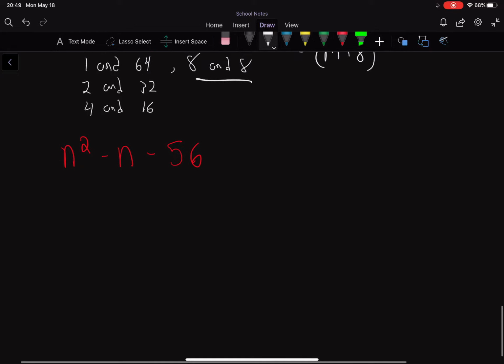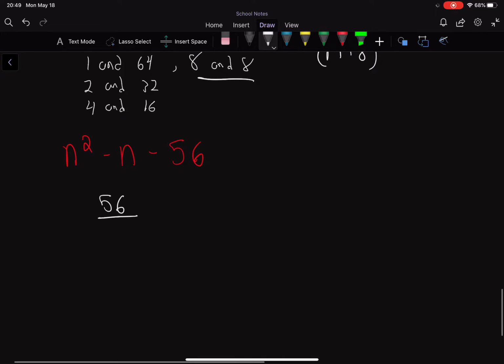And our final question here in red: n squared minus n minus 56. So let's look at our factors of negative 56, sorry.